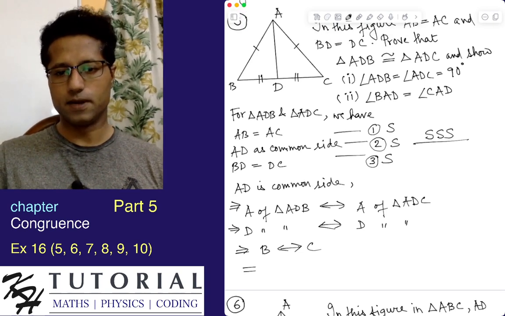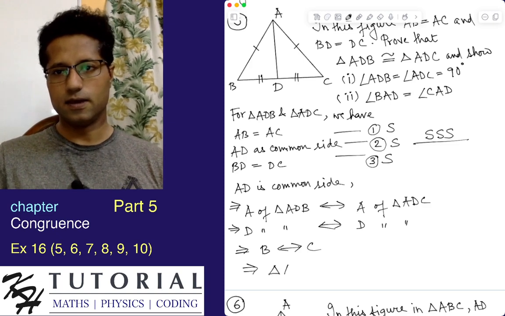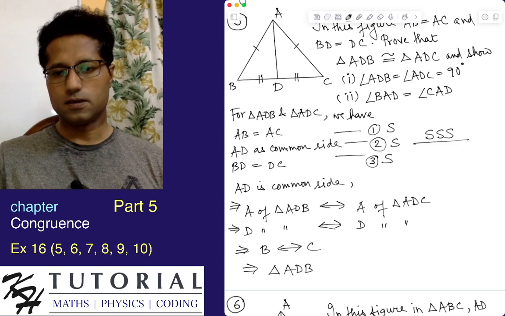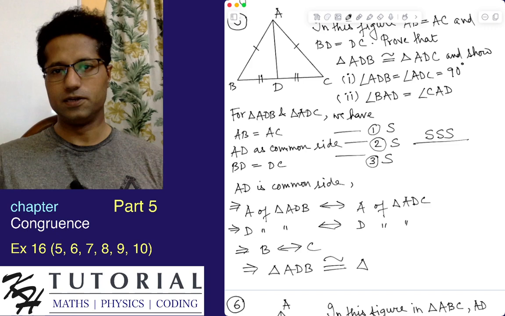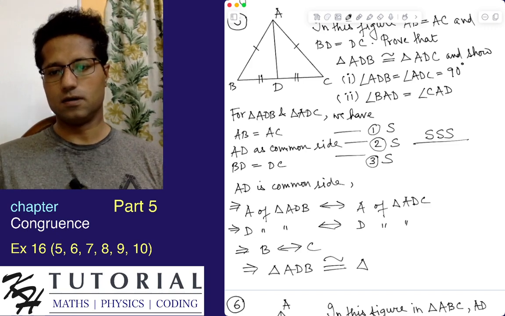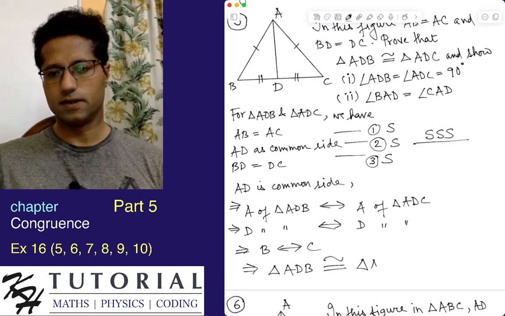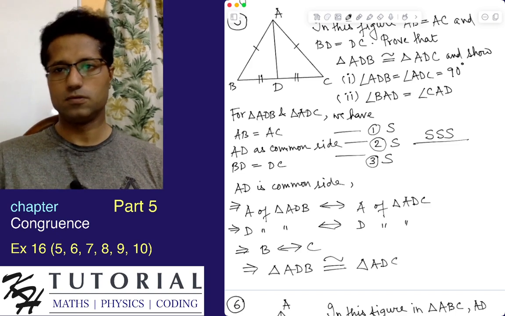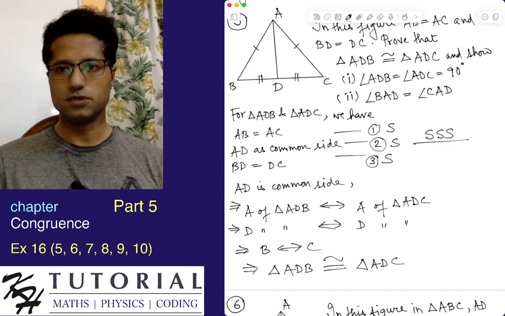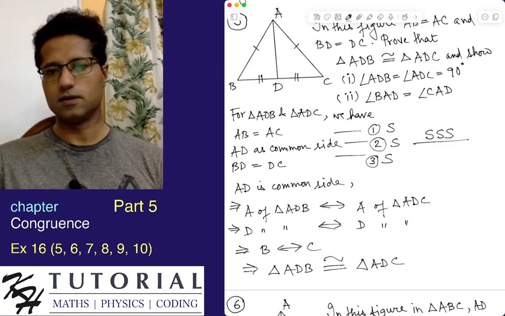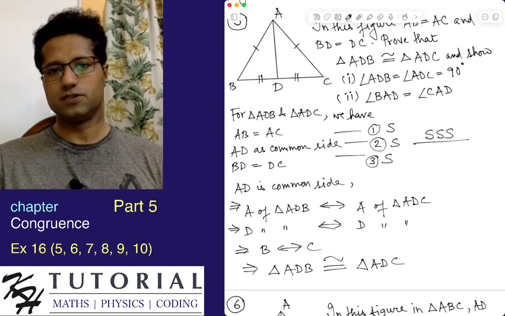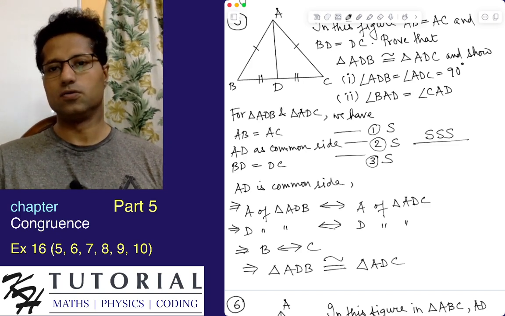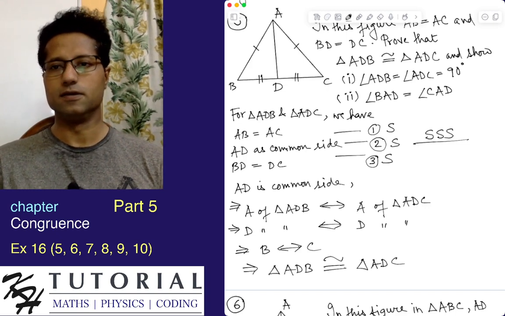From the mapping of the vertices, we can clearly say the triangle ADB is congruent to triangle ADC. The vertices A and D are the vertices of the common side, so they will remain the same, and B will be mapped to C. So this is proved based on the SSS congruence property, since three sides of the triangle ADB are equal to the corresponding three sides of the triangle ADC.